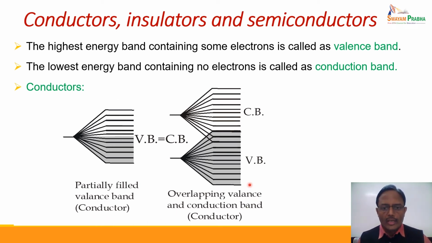There is a second situation where the valence band is completely filled and the conduction band is empty, but they are overlapping each other. Because of such overlap, there is a possibility of electrons moving freely among them, and as a result the substance behaves as a conductor. In general, we can say that if there is scope for the electrons to move within a band or between two bands, then definitely the substance will act as a conductor.